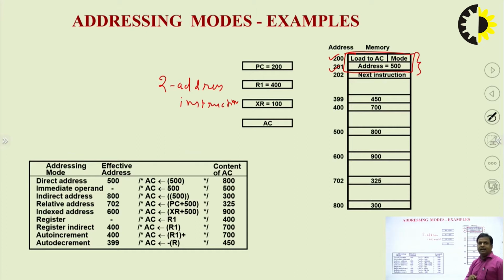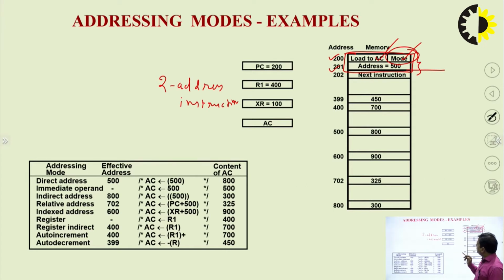The instruction has three parts: the load to accumulator instruction, then the mode, and third the address field. As I change the mode, the address field will work according to the addressing mode I declare. Again, this is a two address instruction occupying memory locations 200 and 201.